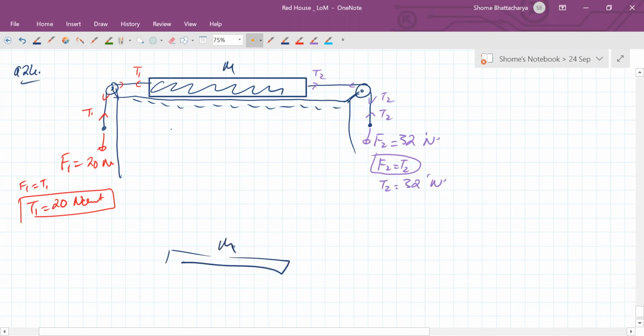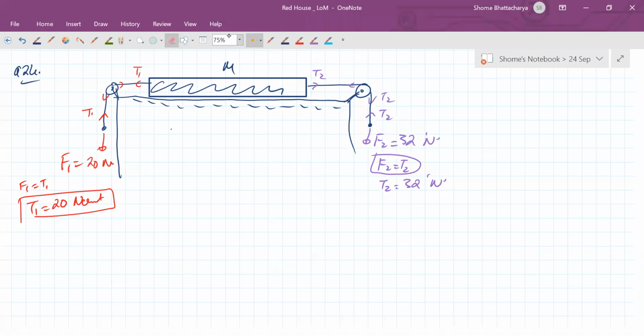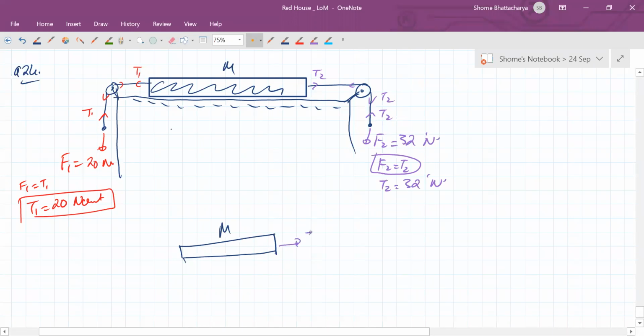On this body of mass m, there is T2 of 32 newtons, no friction on the floor. So the net force horizontally is T2 minus T1. So this develops a horizontal acceleration A, let's say. So that A is T2 minus T1 by mass, or that is F2 minus F1 by mass, or in this case it is 12 newtons by whatever mass of the body.